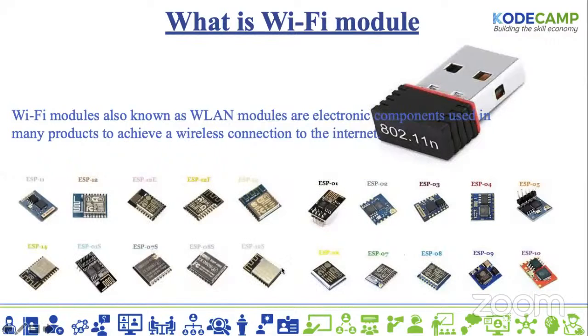Now, the reason I brought out all of these for you to see is that they have their advantages and their disadvantages. Some of them have more pins than the others. Some of them can accommodate more things than the others.